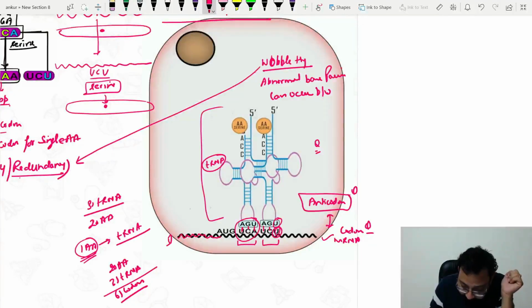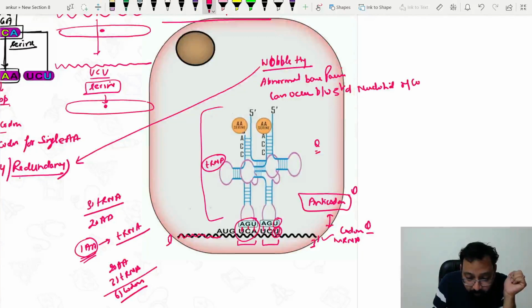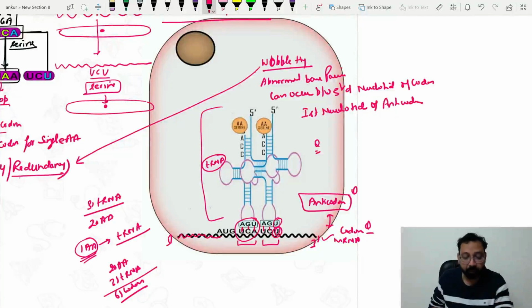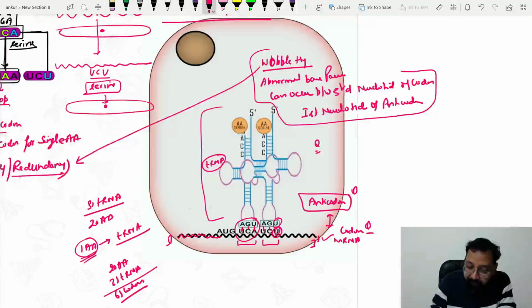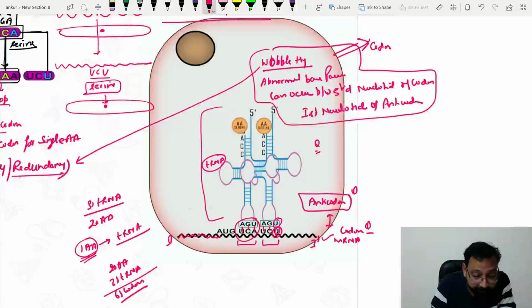This is the 5' and this is the 3' end. Got the point? This is the Wobble hypothesis. A question was recently asked that Wobble hypothesis is possible because codons are degenerate.